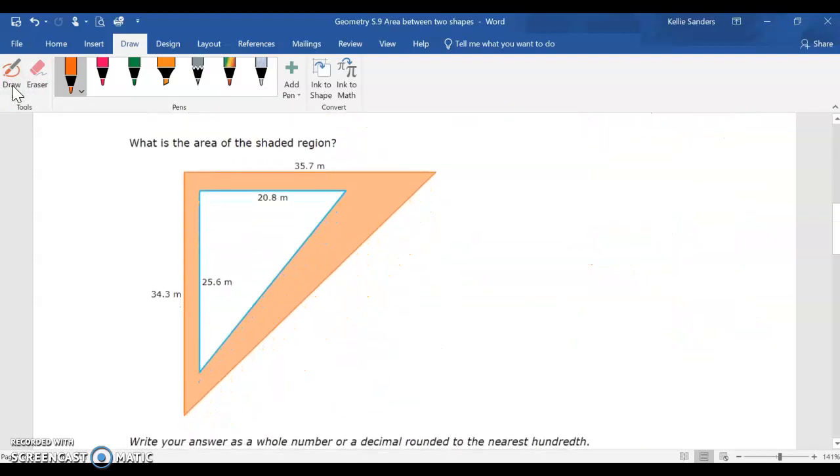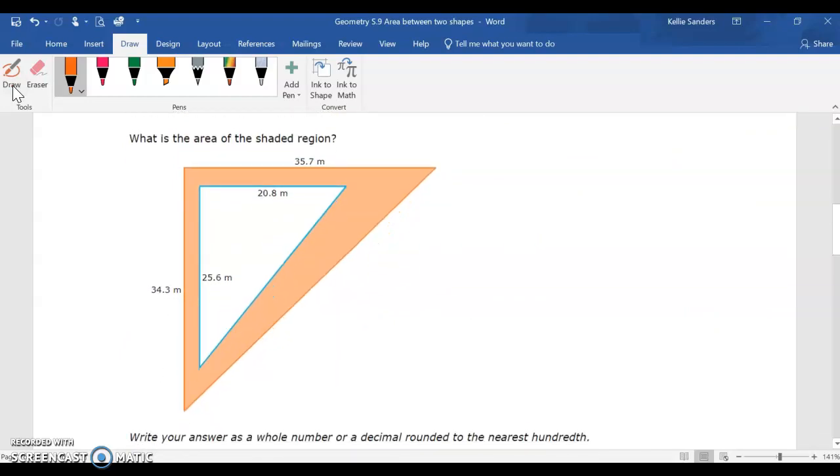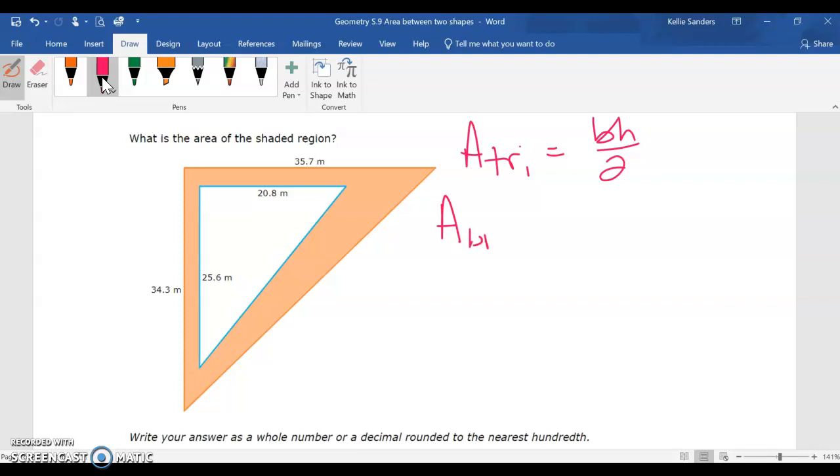Okay, now we have a big triangle and a little triangle. How do you find the area of a triangle? Base times height divided by 2. So we are going to do this twice. We're going to do the area of the big triangle minus the area of the smaller or inside triangle.